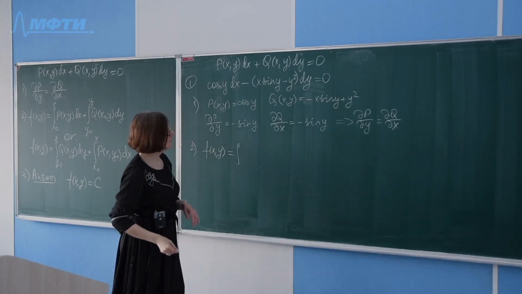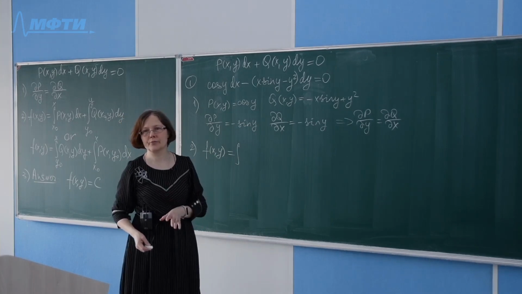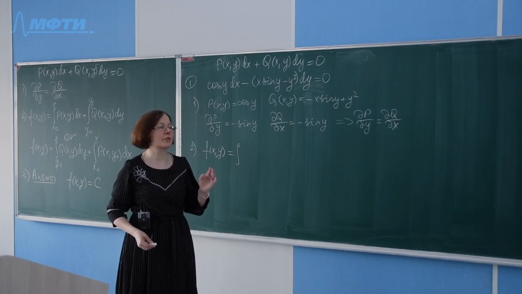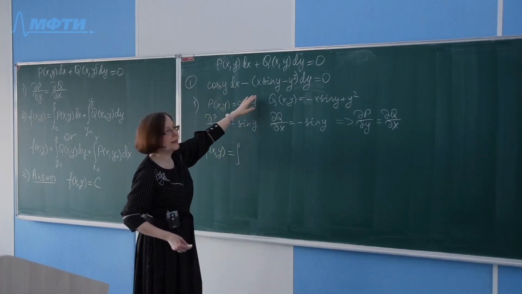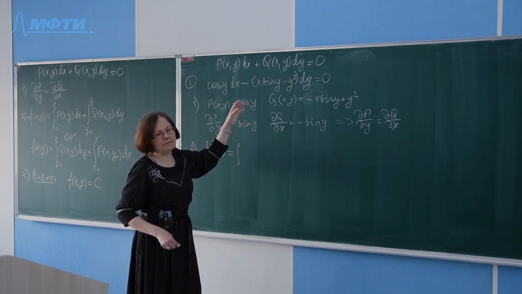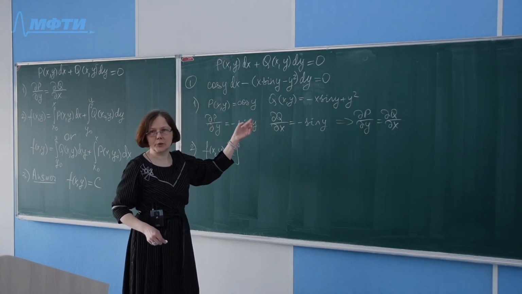Okay. So in the integral, what are x0 and y0? We may choose them arbitrarily because our functions P and Q are defined in the entire plane, for all values of x and y.